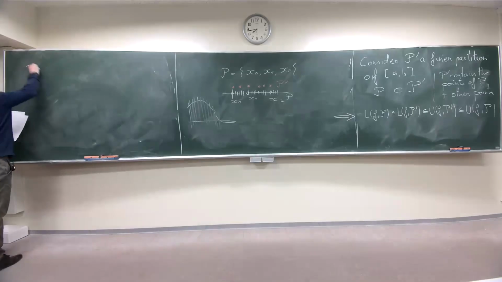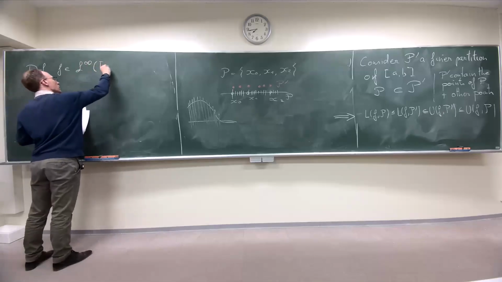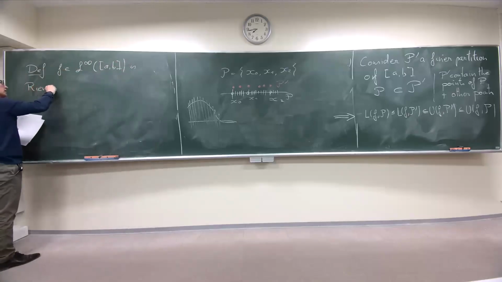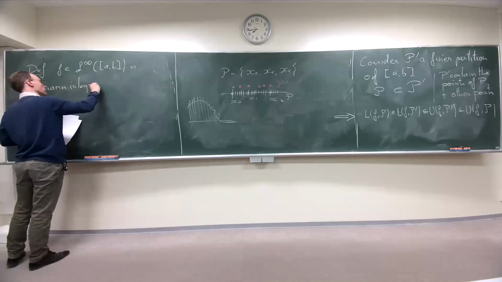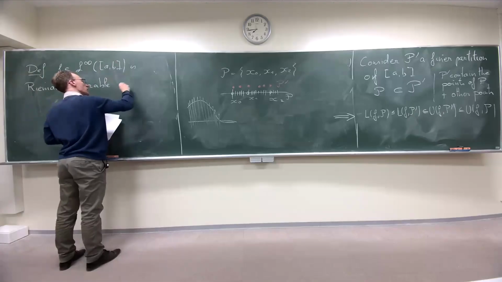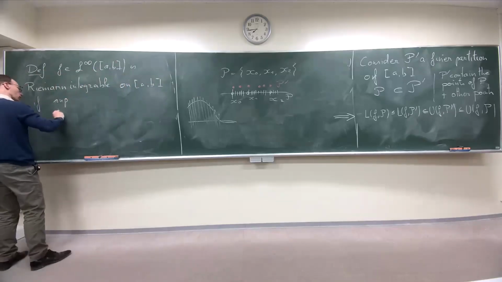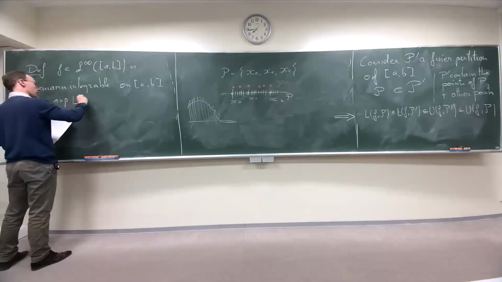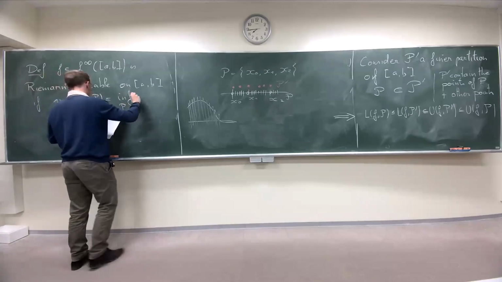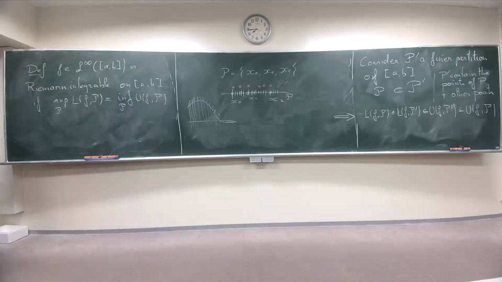So definition: F is bounded, is Riemann integrable on AB if the supremum over all partitions P of the lower Riemann sum of F is the infimum over all P of the upper Riemann sum of F. Please think about this definition.